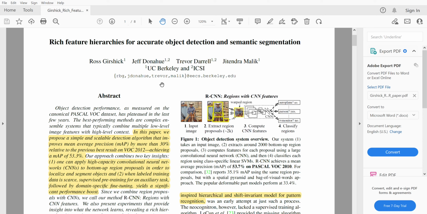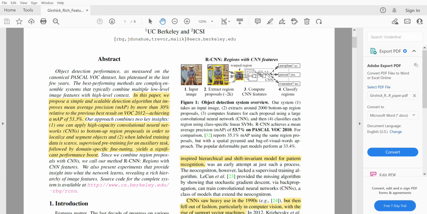So try to focus on listening. We're going to display a lot of things, so try to stay focused, and you will get to know it's a very classical paper. So let's start with the abstract.